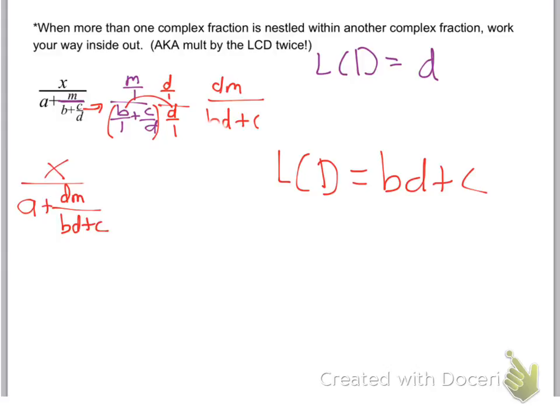And so I'm going to multiply that to the tops, right? So it becomes bd plus c over 1, bd plus c over 1.